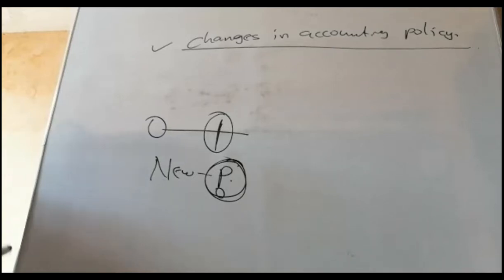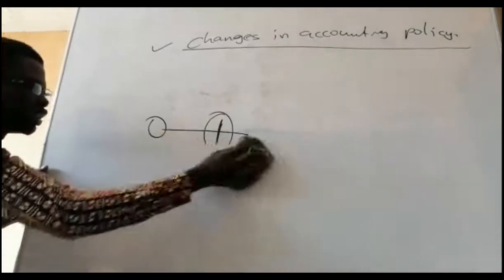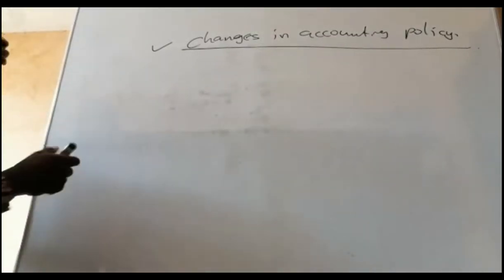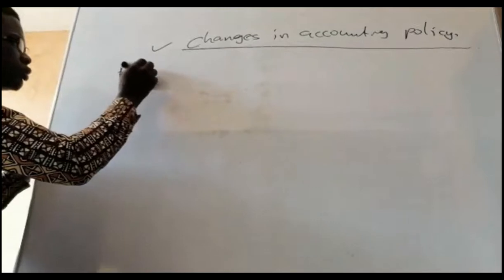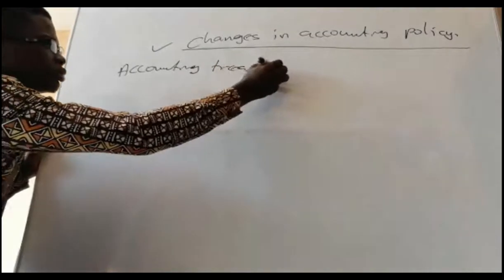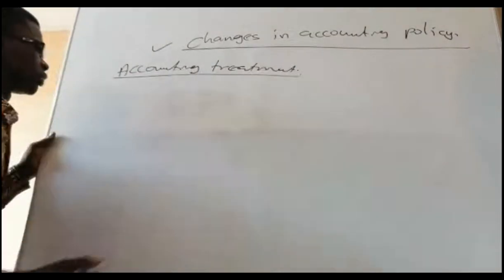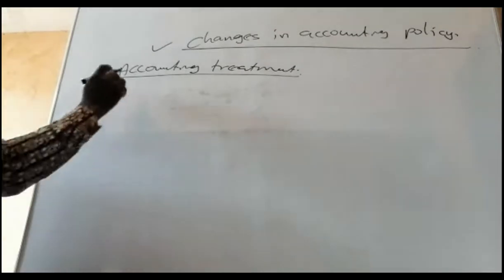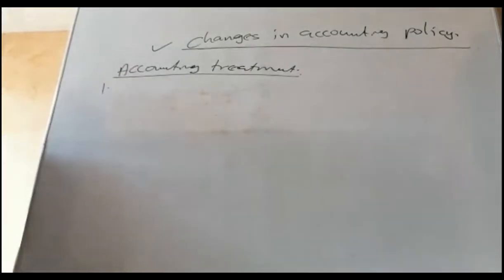The accounting treatment of changing accounting policy is a bit straightforward. First, when we change the accounting policy, we have to treat the change as if the new policy has always been in existence.